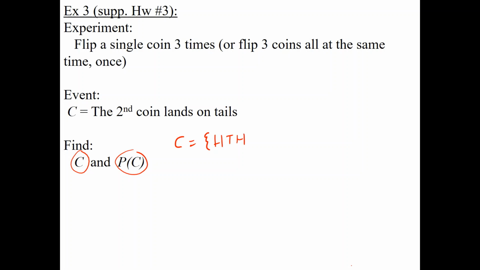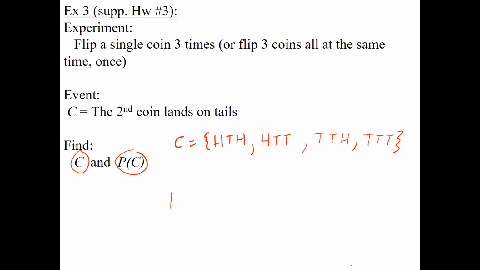The second coin landed on tails there. Heads, tails, tails. Second coin landed on tails there. Tails, tails, heads. The second coin landed on tails. Tails, tails, tails. The second coin landed on tails. And I think that's it. So that's the event C.